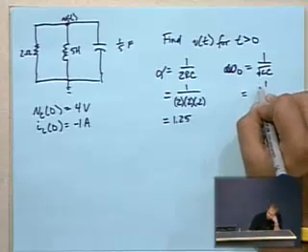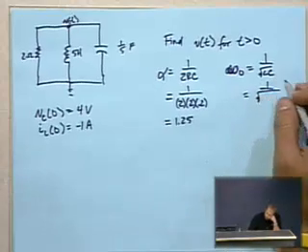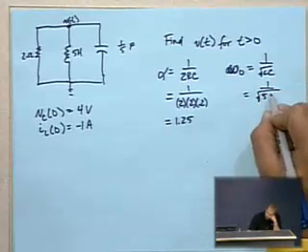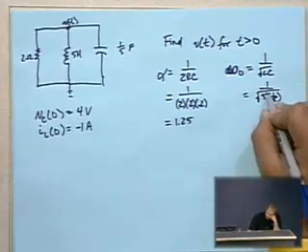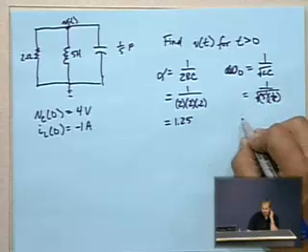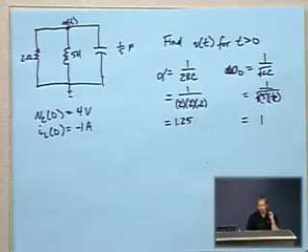Omega naught is 1 over the square root of, how convenient, 5 times 1/5. And so that will be 5 times 1/5 is 1, square root of 1 is 1, 1/1 is 1. And so omega naught equals 1.